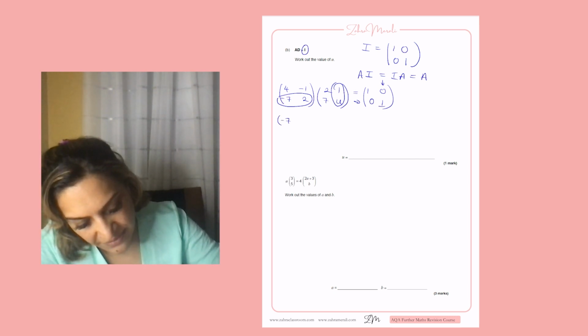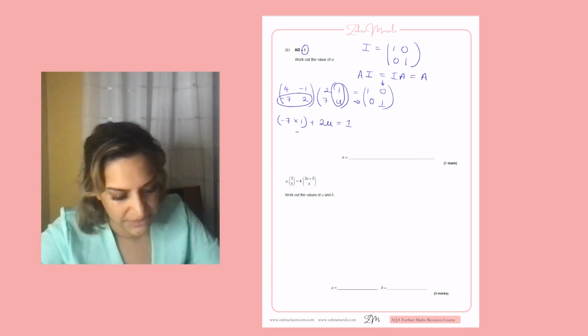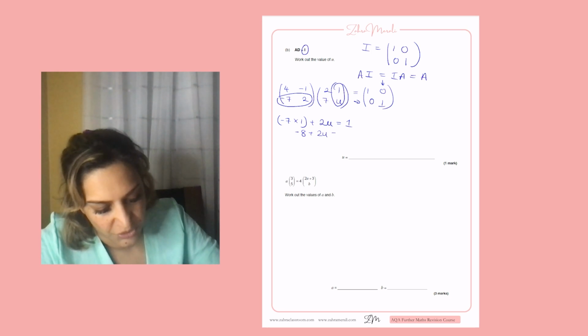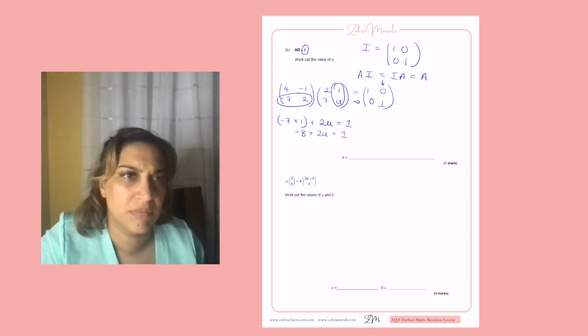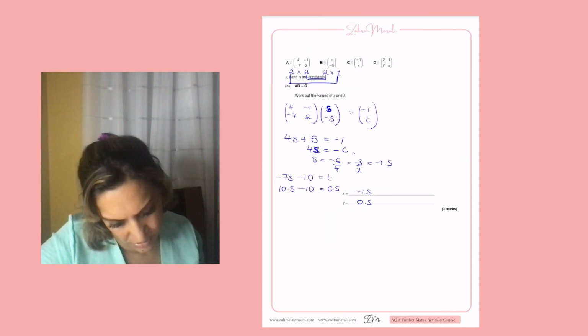So -7 times 1 plus 2u equals 1. So we get -8 plus 2u equals 1, and work out the value of u.